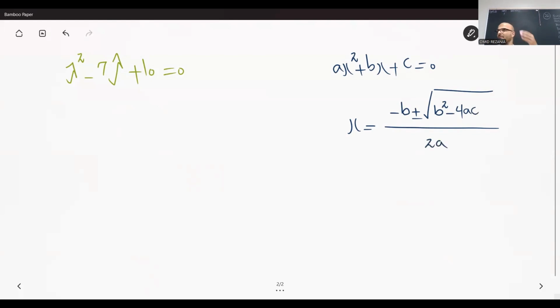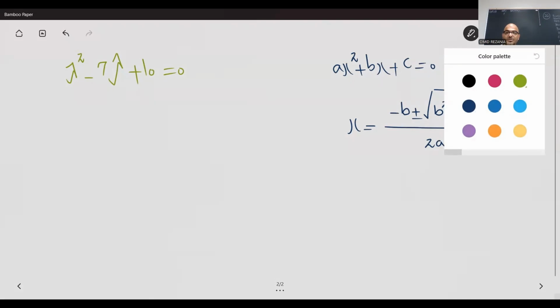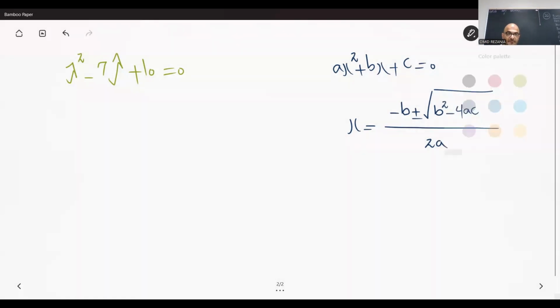This is the thing which you remember from high school. And now this is the quadratic equation. I'm just going to do the same thing in order to solve it.